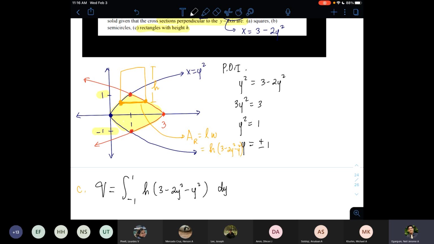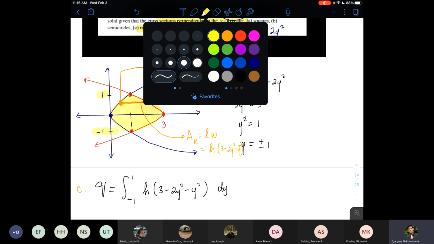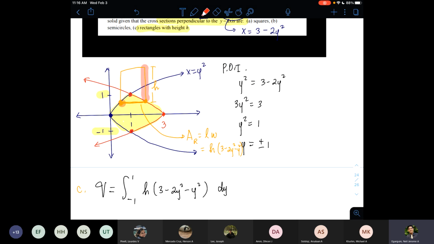Yeah, h is a constant. We just don't know its exact value. So you can just keep it there. Because the difference here is that for rectangles, the height or the length is independent of the width. So there is no relation between this measurement and this measurement.